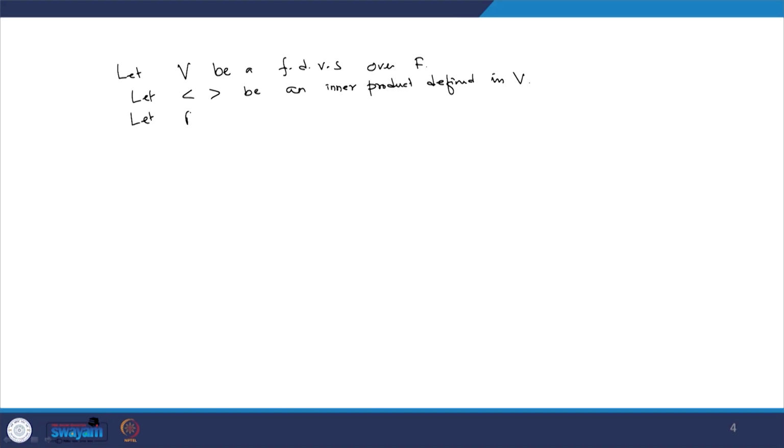Let B equal to alpha 1, alpha 2, up to alpha n be an ordered basis. Even if I do not give the ordered basis, if I stick to only the first two lines, that V is a finite dimensional vector space over the field and an inner product is defined over the vector space V, my question is, is it possible to express the inner product in terms of the matrix concept?